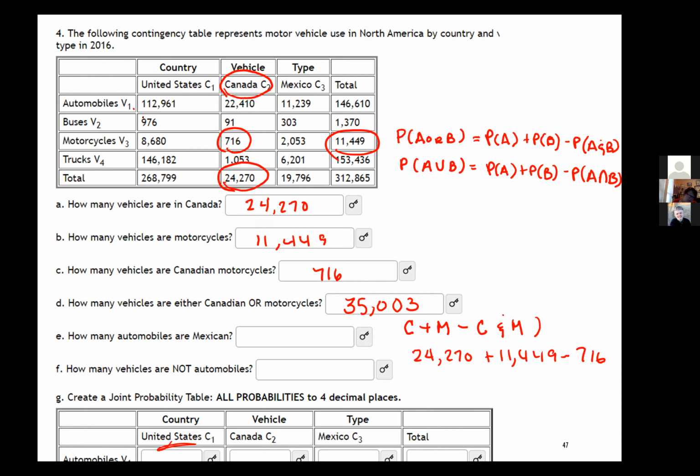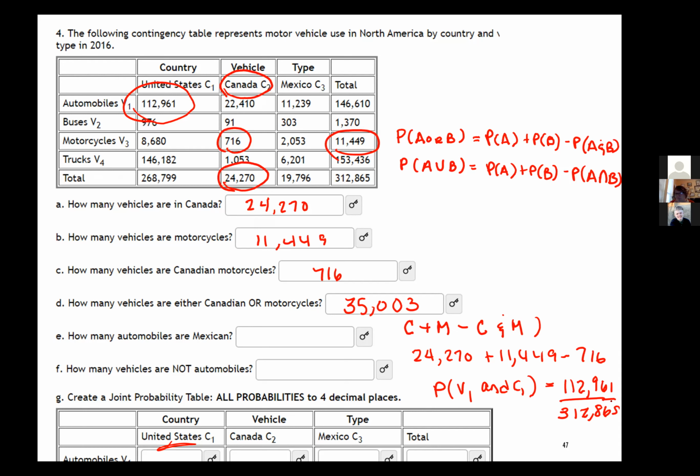You take the number 112,961 and divide that by the total. So the probability that you're an automobile and you're in the United States is 112,961 divided by the total.